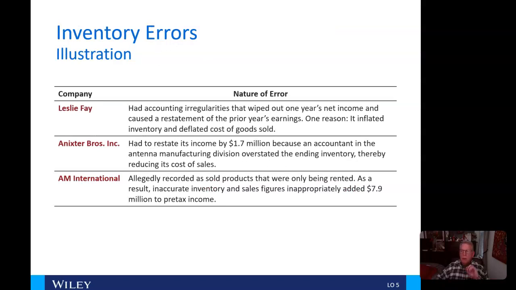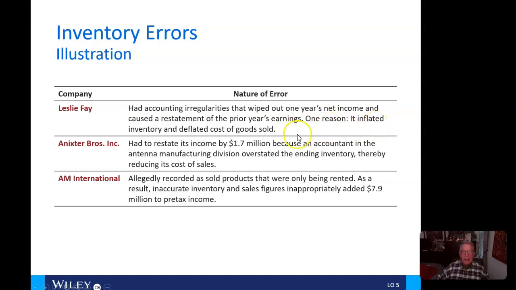Okay, so here we're going to illustrate a few things. Here's Leslie Fay. They had accounting irregularities that wiped out 1 year's net income and caused a restatement of prior year's earnings. That's never a good thing when you have prior period adjustments like that.